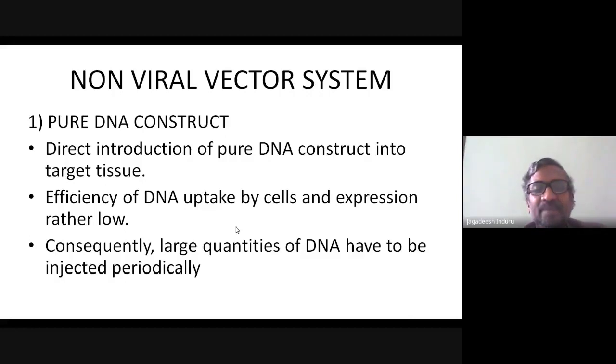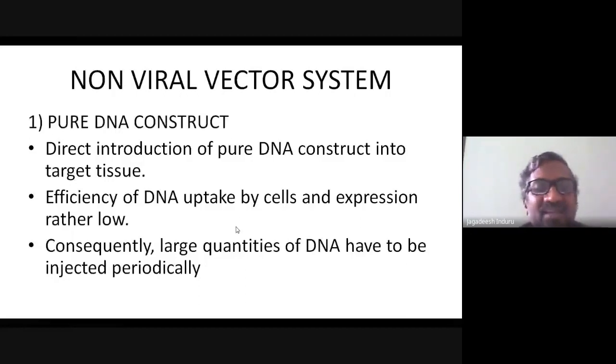The efficiency of DNA uptake by the cells and expression is rather low, because we cannot introduce DNA into every cell. This is the problem with this non-viral vector, because we need to take care of every cell wherever it is, and the success rates are very low.